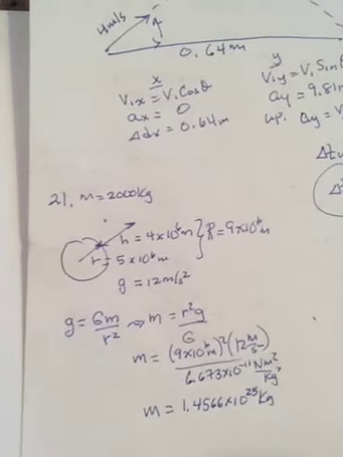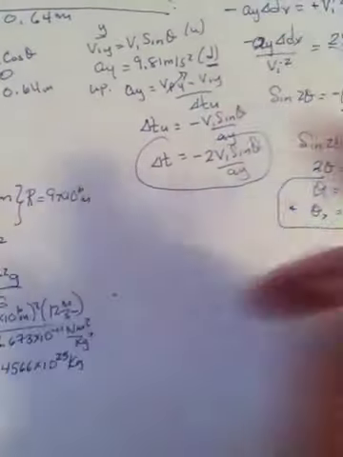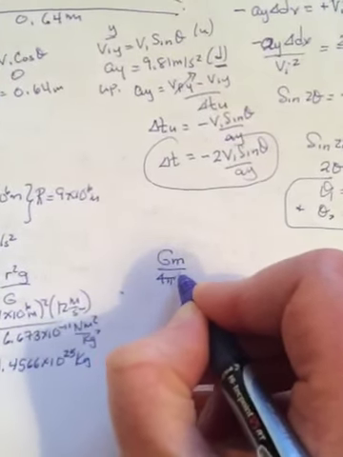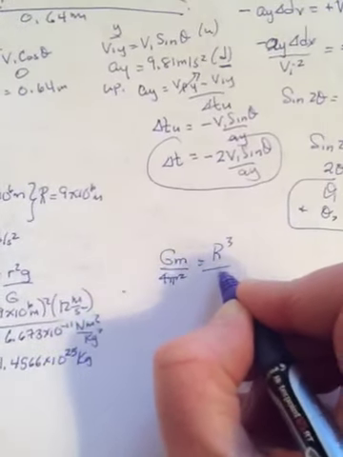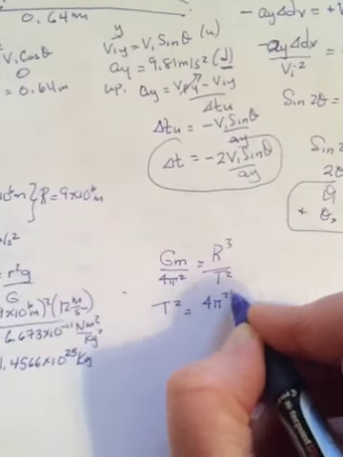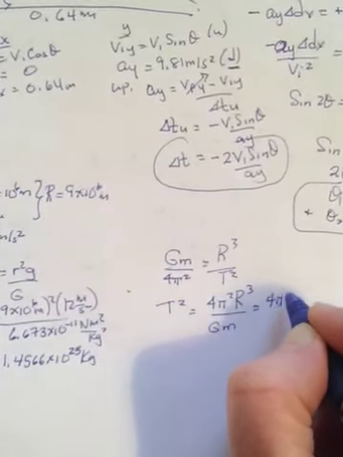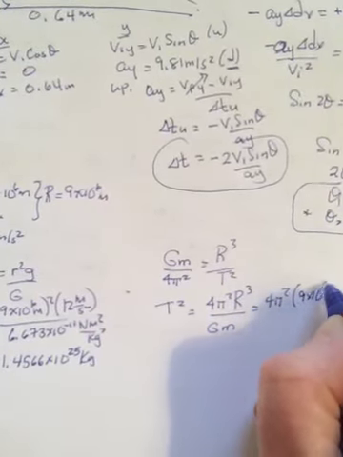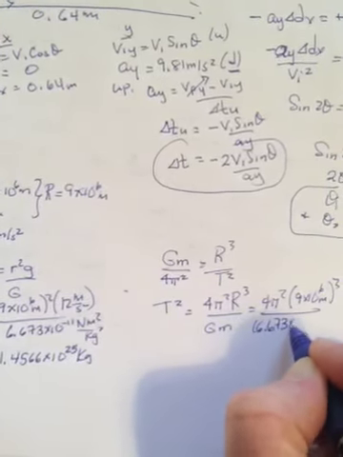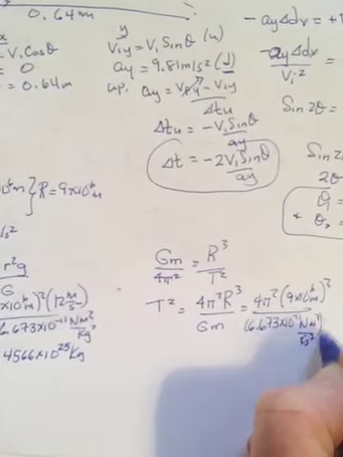Okay, so then the next one wants to know the time for the satellite to orbit once. I'd probably use Newton's version of Kepler's third law for that. GM over 4 pi squared is equal to r cubed over T squared, and rearrange for T squared. So 4 pi squared r cubed over G times the mass that you just found. So 4 pi squared, the r was 9 times 10 to the 6th cubed, 6.673 times 10 to the negative 11 Newton meter squared per kilogram squared.